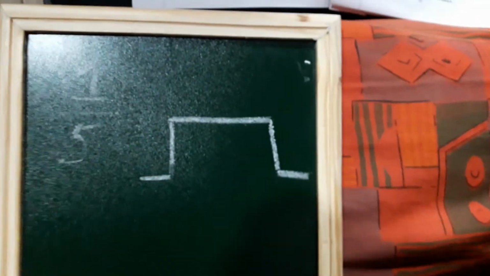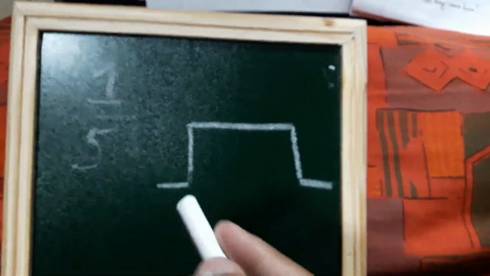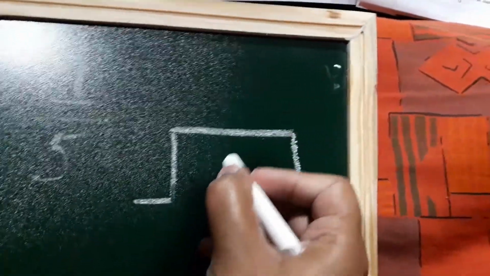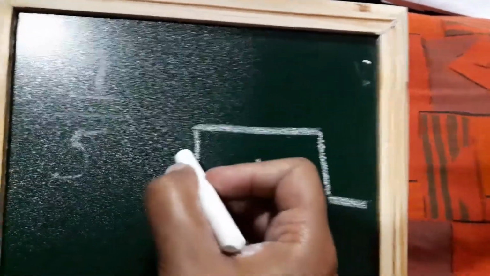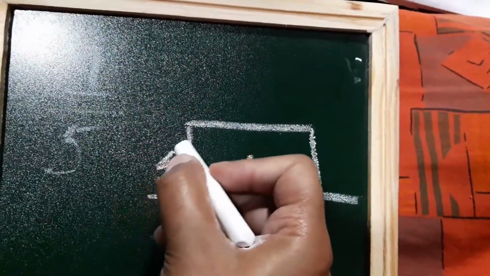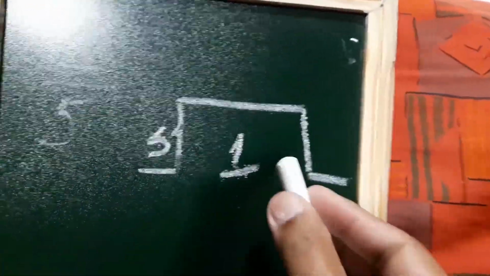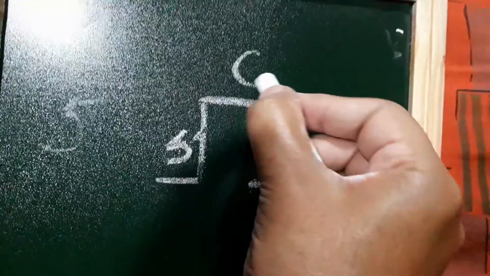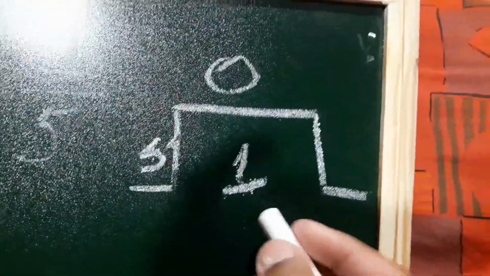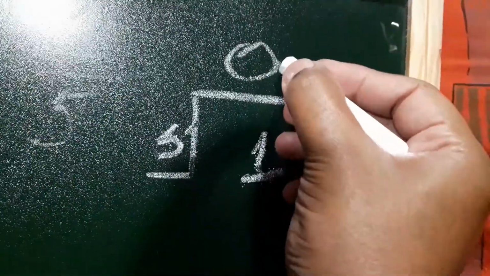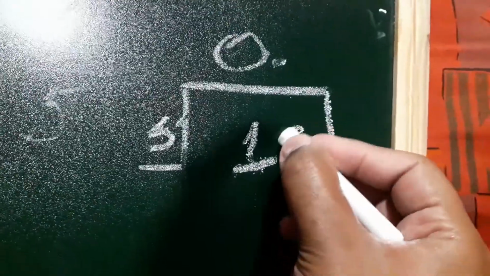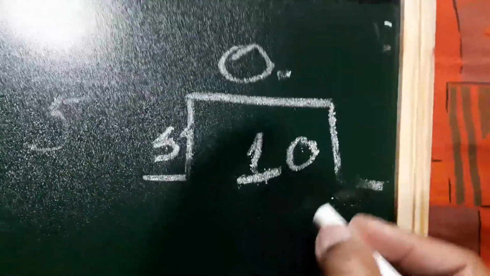Okay children, let us try and divide 1 by 5. Put a 1 here and a 5 here. Can I divide 1? No. So I put a 0 here, then I take a decimal point and add a 0 here, because the moment you take a decimal point you add a 0.